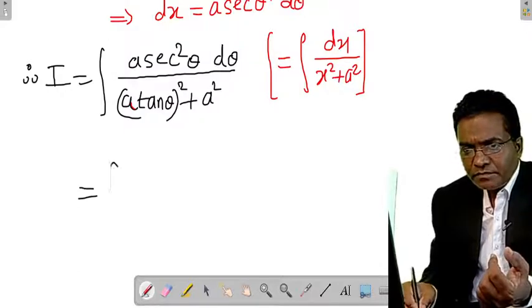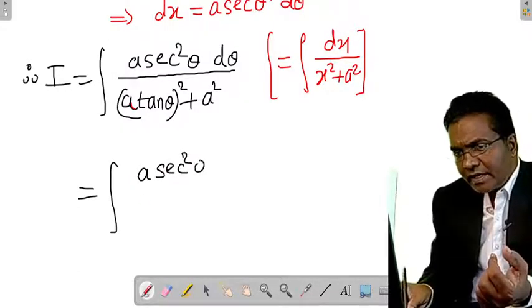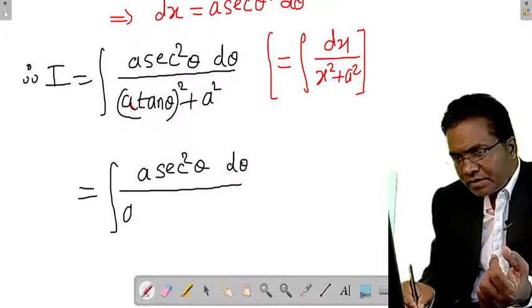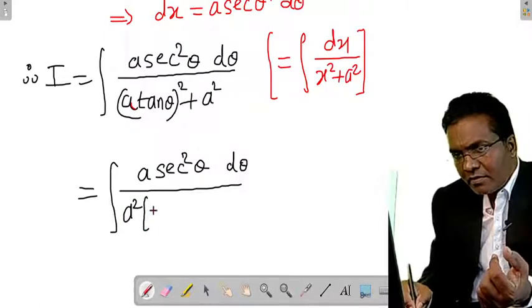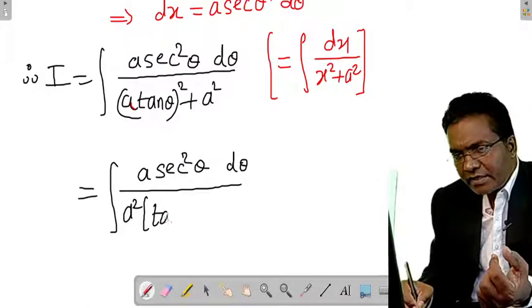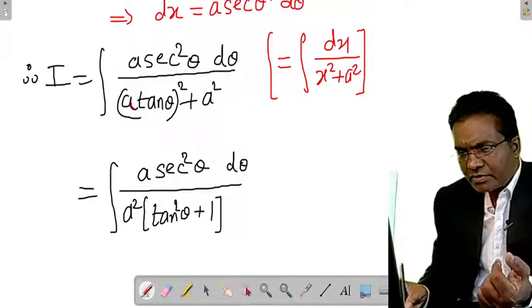Now simplify this. a secant square theta d theta whole divided by, from this if I take a square common, a square is here as well as here. So if I take a square common, what you will get? You will get tan square theta plus 1. Remember that a whole square is there, so a square can be taken outside.